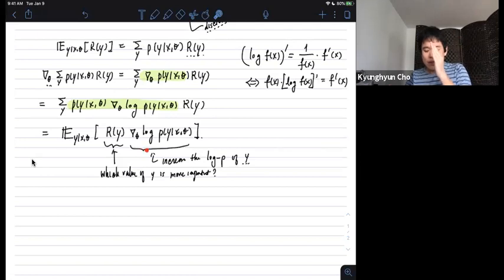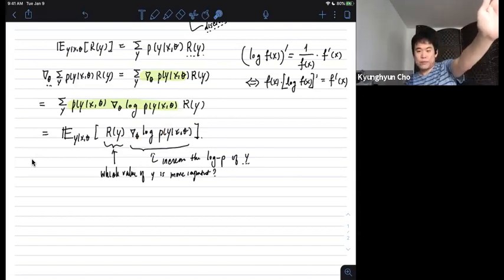But then instead of simply computing the average or the sum of them, we are going to reweight them. We're going to weight them by which value of y leads to a higher value of the reward. So for whatever value of y leads to a high reward, we are going to move our parameters along that direction more.